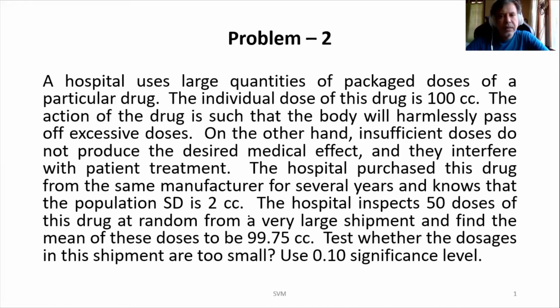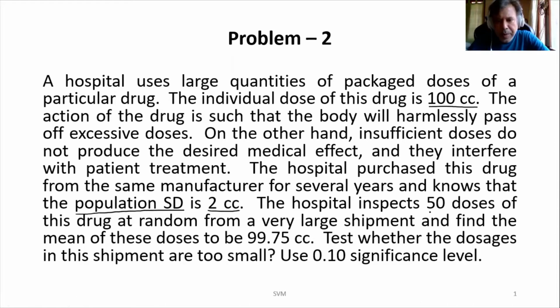So first of all, let us capture what is given in the question. One is the individual dose of the drug is 100 cc. Then it says the population standard deviation is 2 cc.